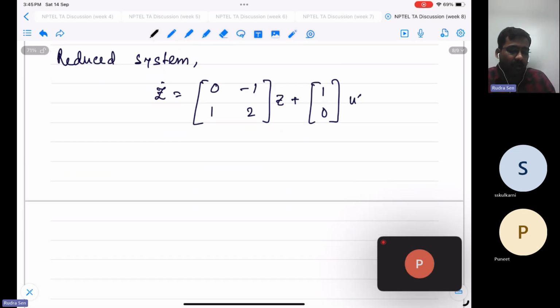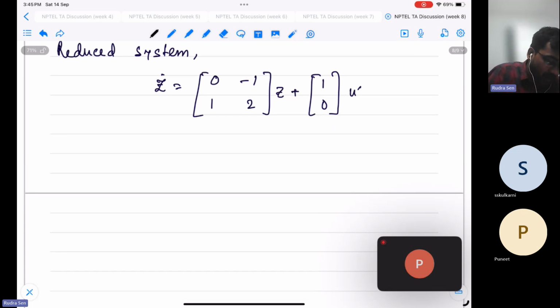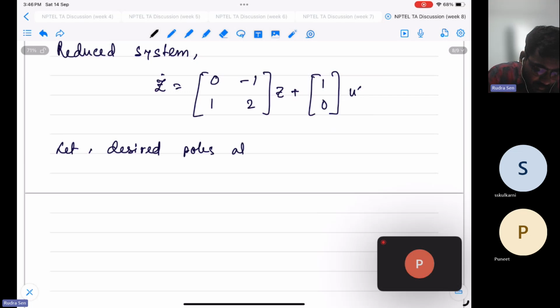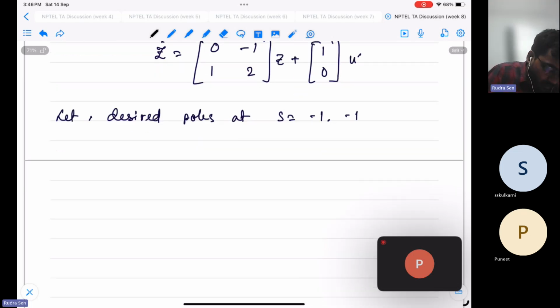prime. So I need to design this u prime. Let the desired poles of this system be such that, okay, what is now alpha d of s?